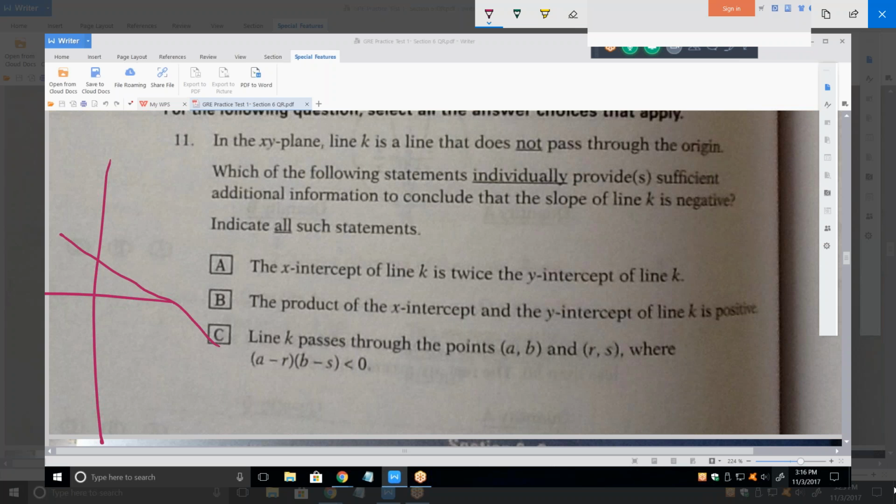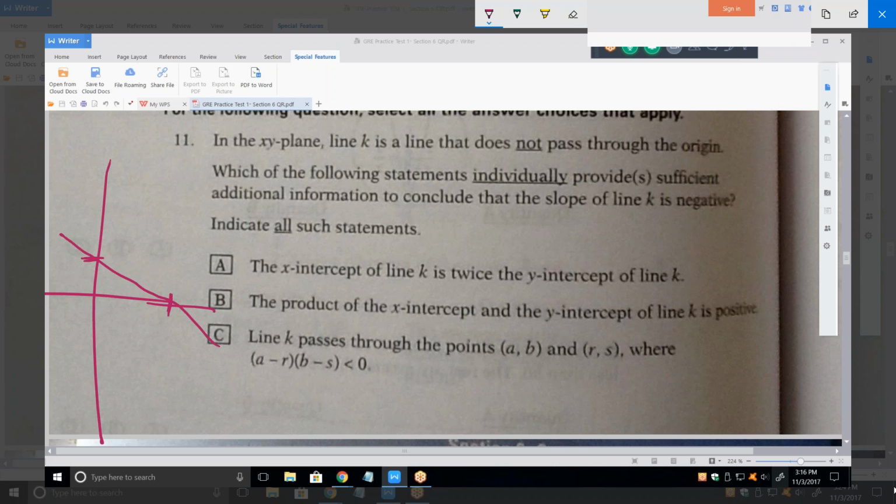Well, let's draw a line like that. Notice my x-intercept is about twice that y-intercept. Well, that's a negative slope, right? Yes. So I would be tempted to say yes to A based on my picture, but that's not really the way to prove that it is individually sufficient.